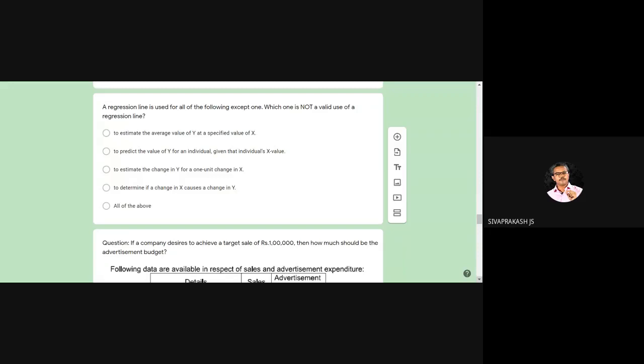To estimate the change in y for a 1 unit change in x. And to determine if the change in x causes a change in y, the cause and effect relationship. Then all of the above, right? Let me check.